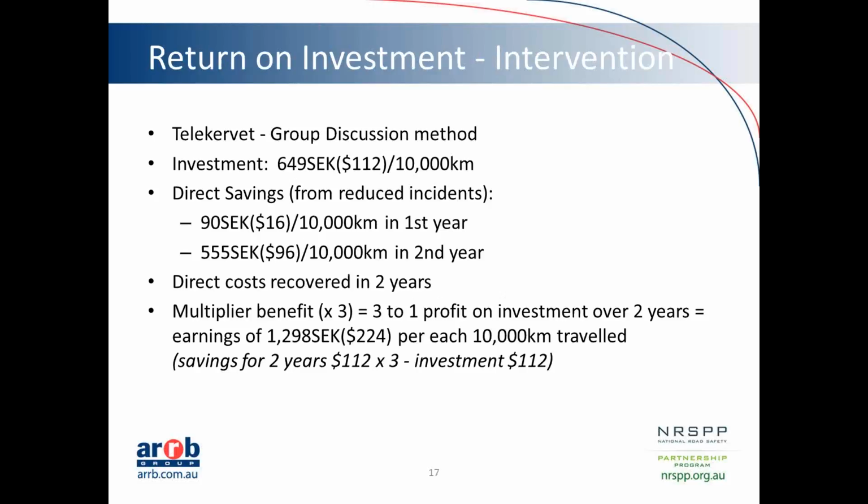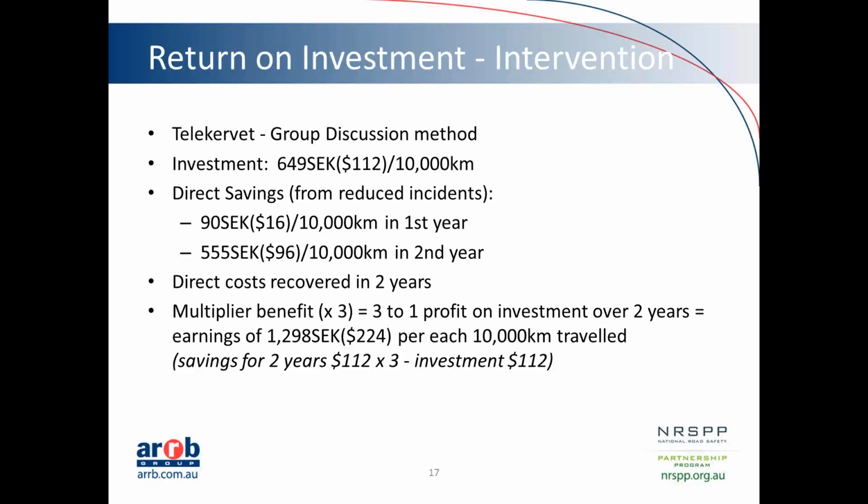Just another example, I think this came out of Telecovert, one of the Scandinavian telecommunication companies. They were embarking upon a risk management journey. They used the group discussion method, so they basically engaged with staff, mid-management, senior management, right up to the board and executives, and came up with a number of strategies to introduce.